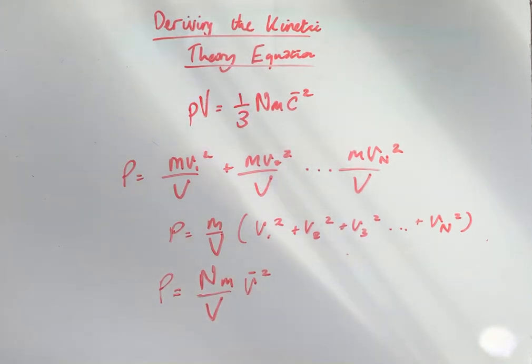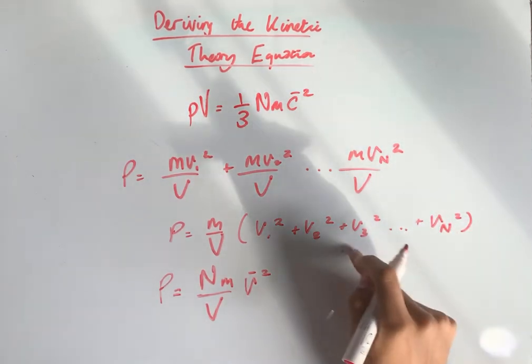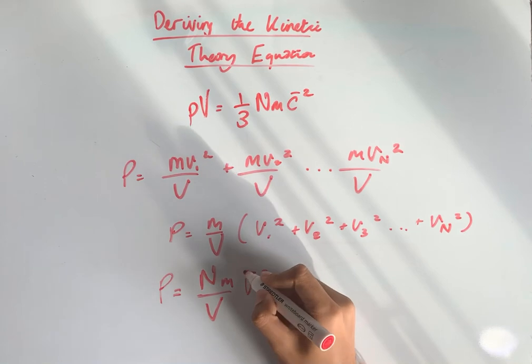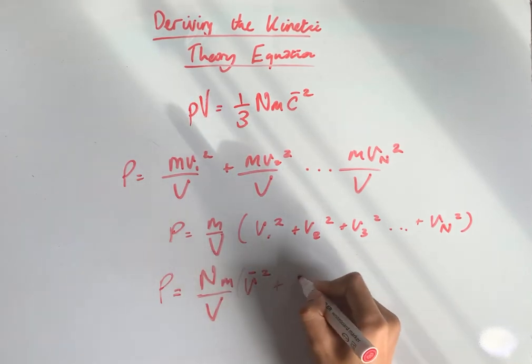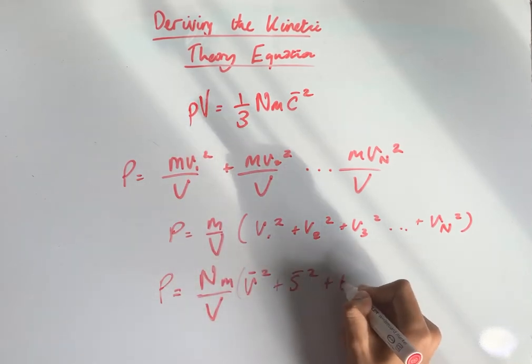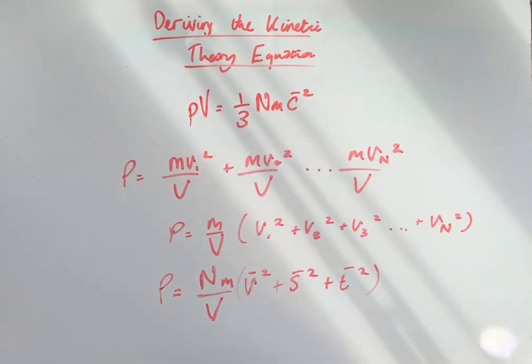Taking that into account, we would therefore end up with an equation that looks more like v bar squared plus s bar squared plus t bar squared for the components of velocity in all 3 directions. But there are 3 degrees of freedom, and we have to correct for that. So what we do is we divide by 3.